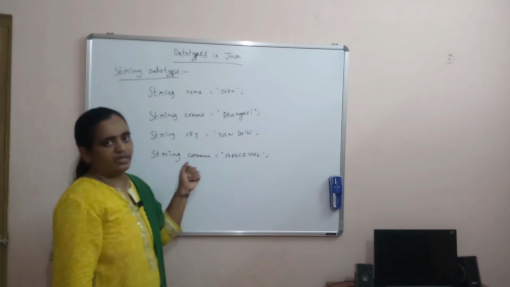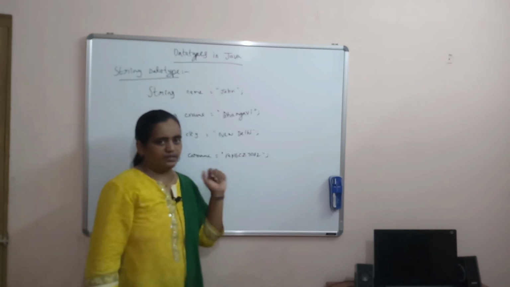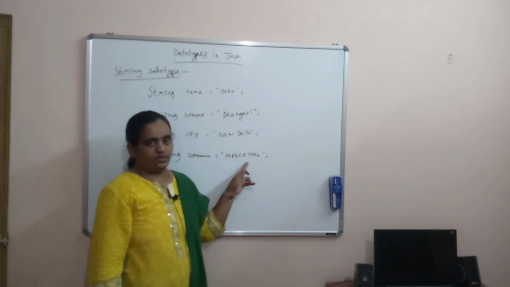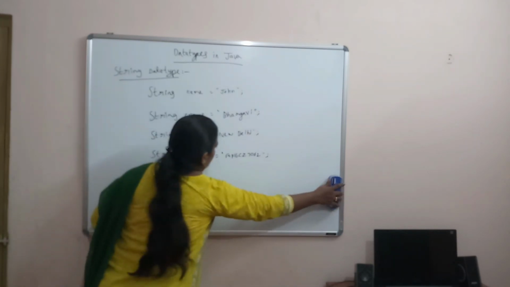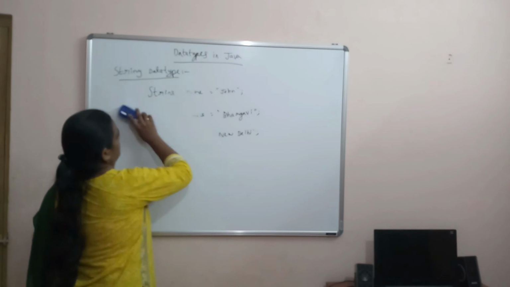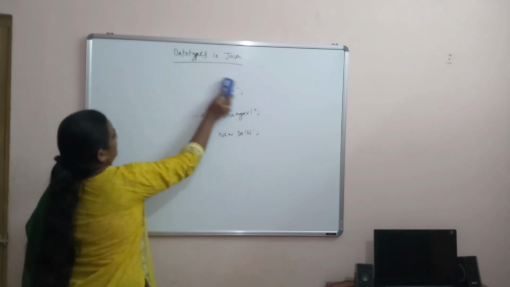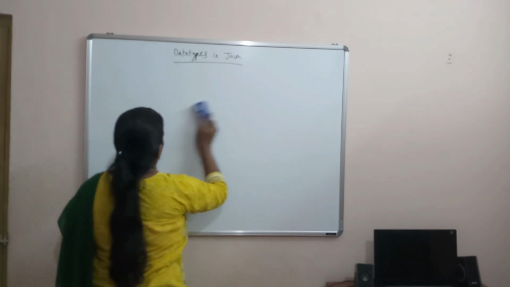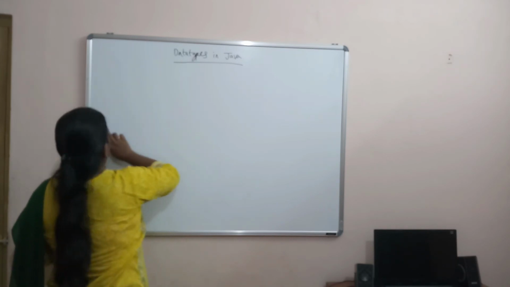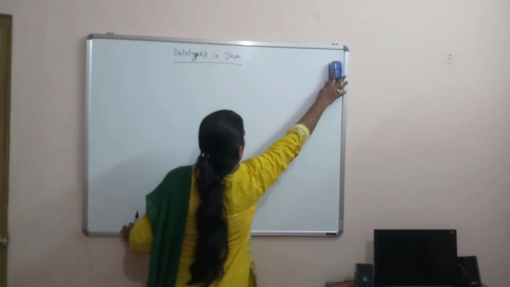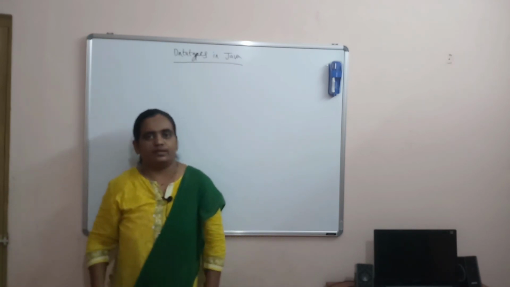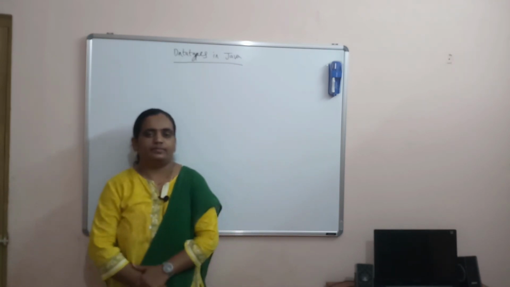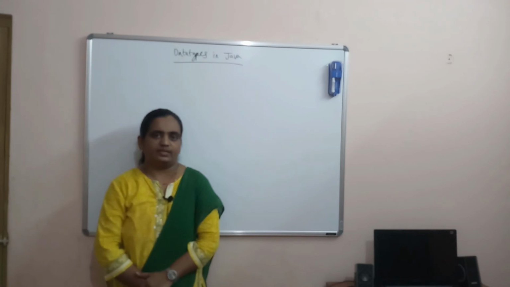String is nothing but a combination of alphabets and numeric characters also. That is the advantage of taking the string data type. This is the purpose of taking data types in our Java language.